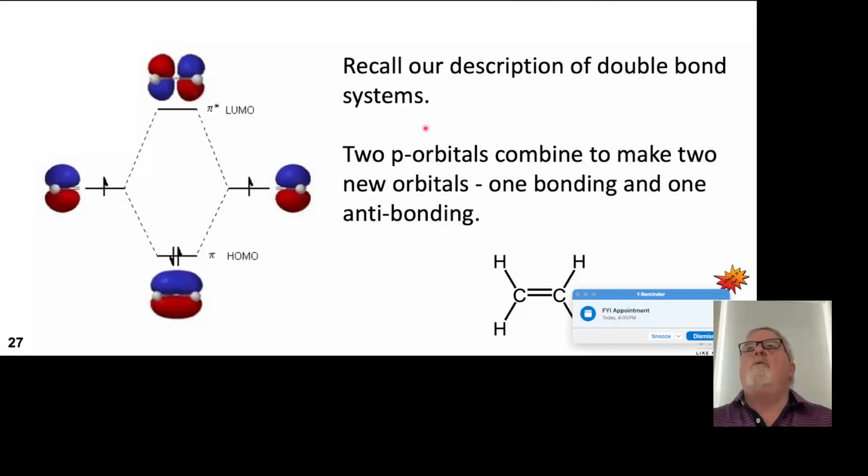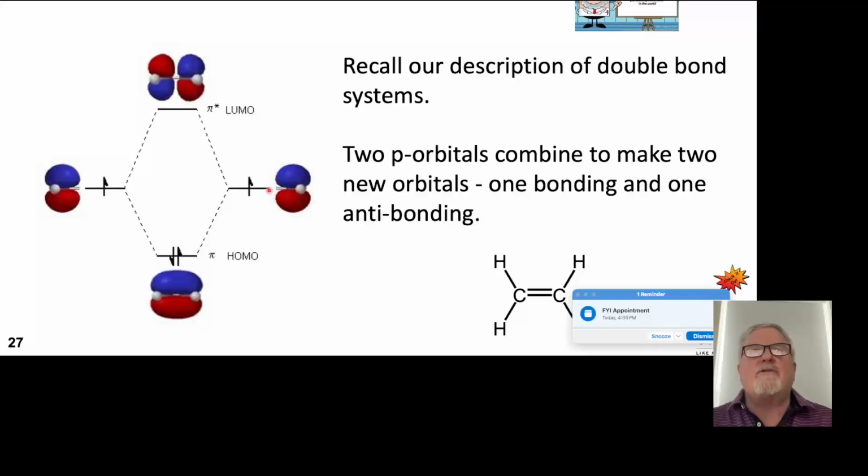So remember how we built pi orbitals. We built pi orbitals by overlapping a p orbital from one carbon with a p orbital from another. We mix them to make our bonding molecular orbital, and we mix them in an anti-bonding way as well, or we subtract them, whichever you care to talk about. This then becomes our pi star orbital, and this is our pi orbital.